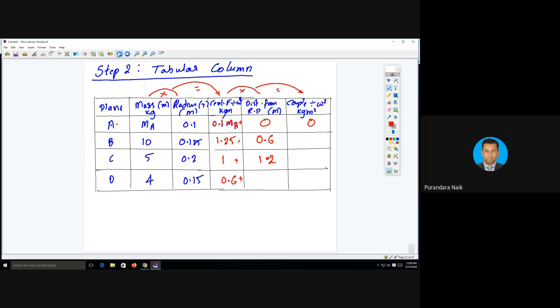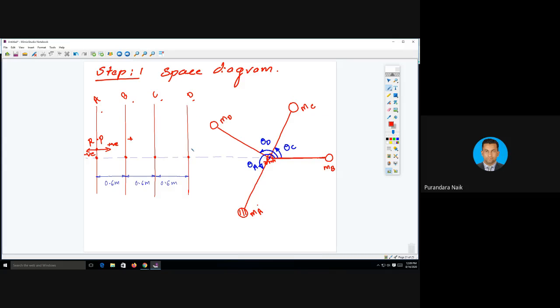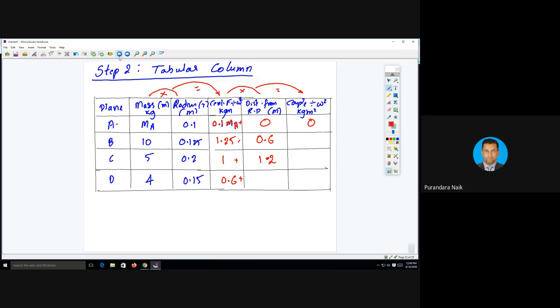Next, the distance from the reference plane to D is 0.6 plus 0.6 plus 0.6, that is 1.8.